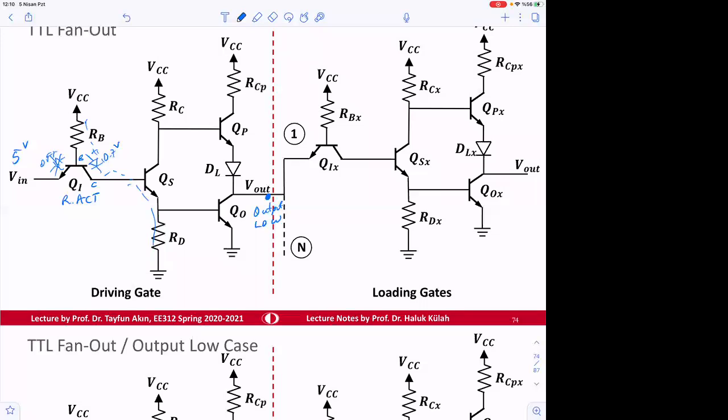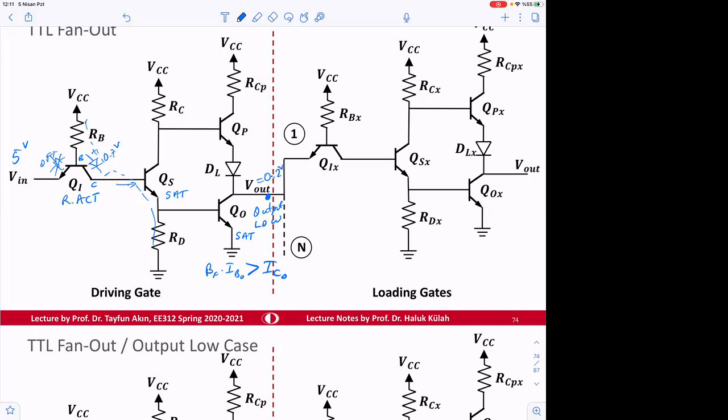Since there's a current here, we assume that current is large enough to put Q2 into SAT, and then this is supposed to remain in SAT. So here, beta forward times IBO should be larger than I collector of O. That's the condition. And then output is going to be 0.2 volts.